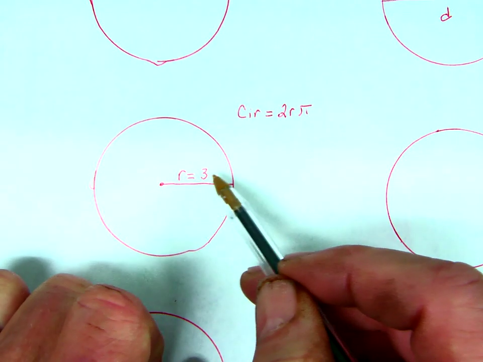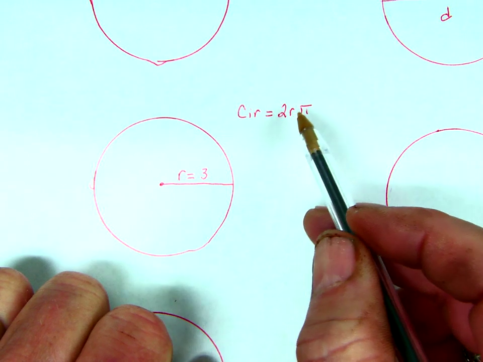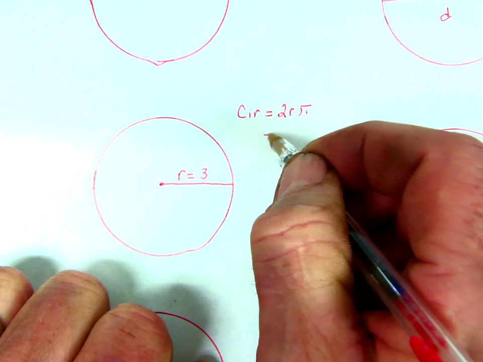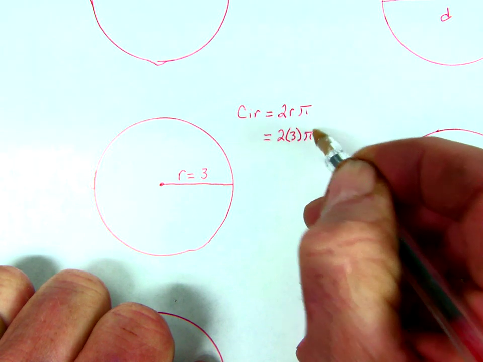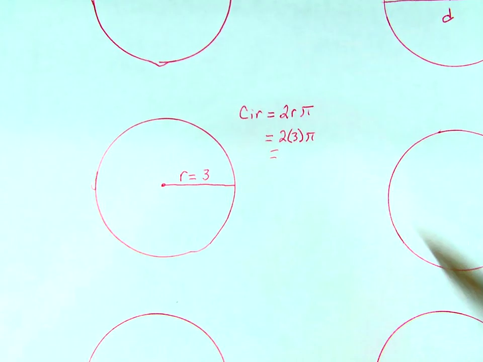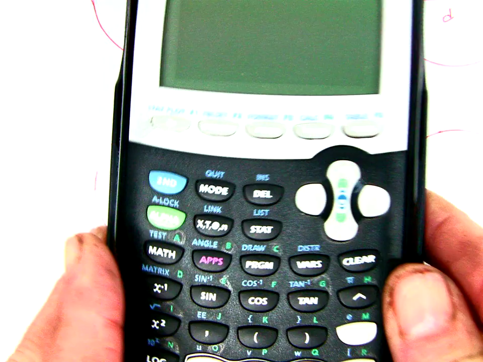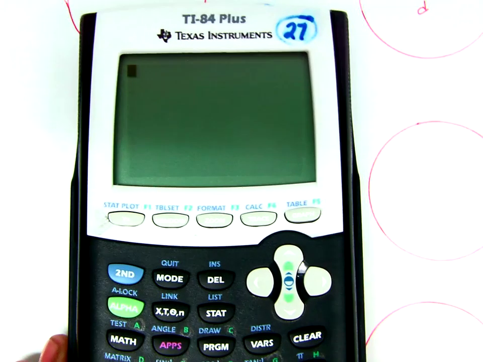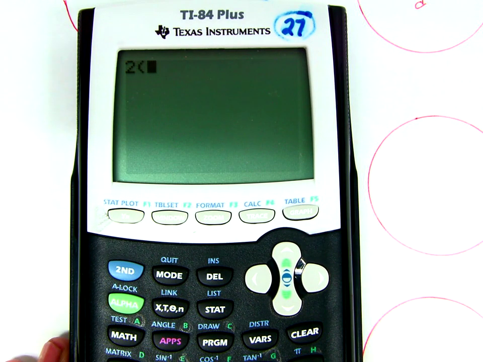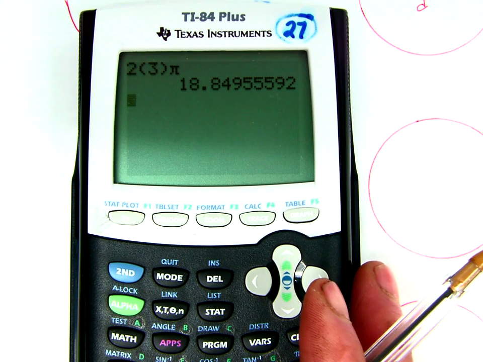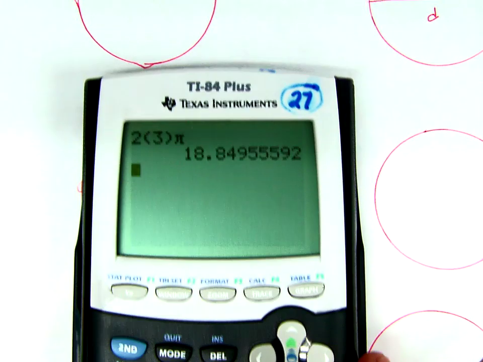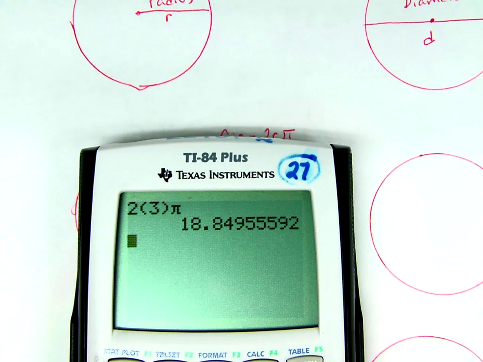Now I just plug in the value for radius, so it's going to equal 2 times 3 times pi. Then I get the calculator, and I type it in just like that, 2 times 3 pi. Enter. And it tells me that the answer is 18.849. I'm just going to round that to the nearest tenth.